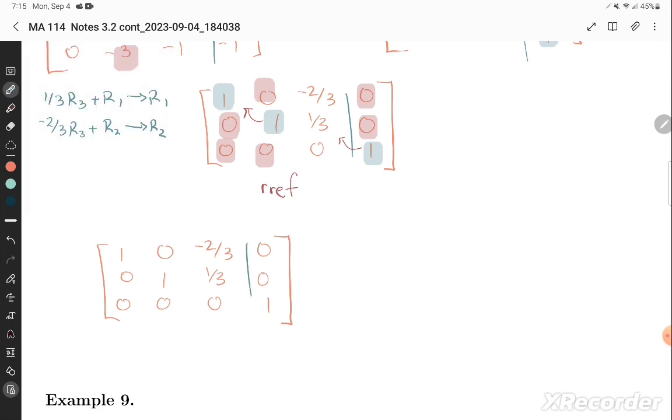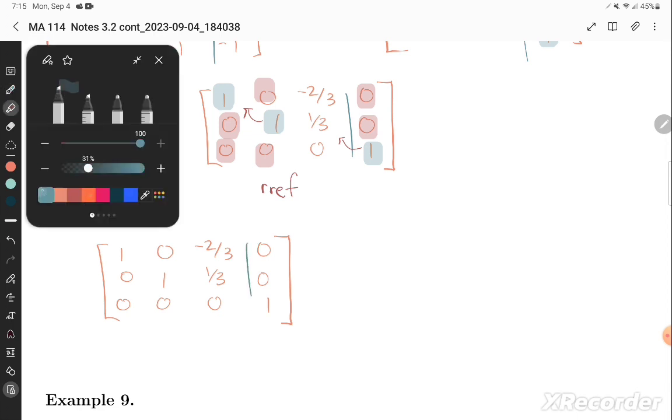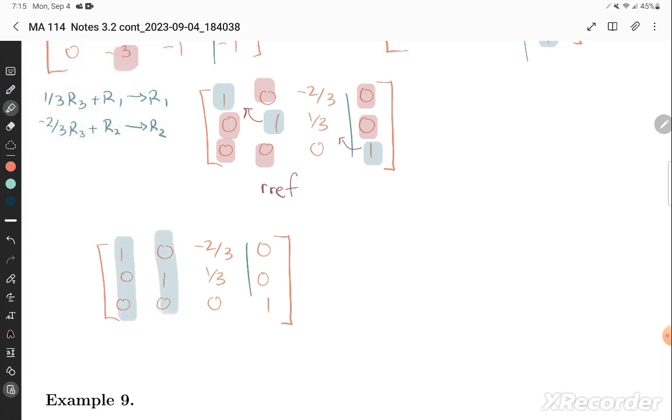That means that all these columns represent something. This column represents the value for x1, this column represents the value for x2, this column represents the value for x3, but this bar represents the equal sign. This is what my equations are equal to.